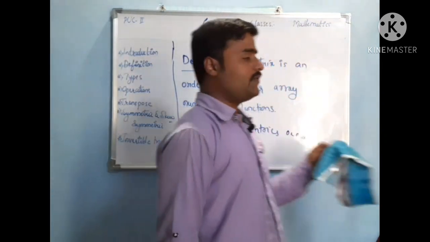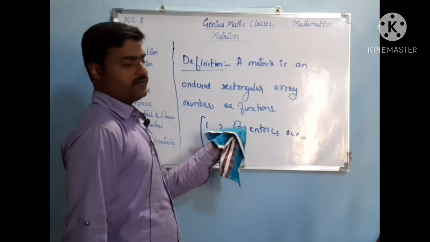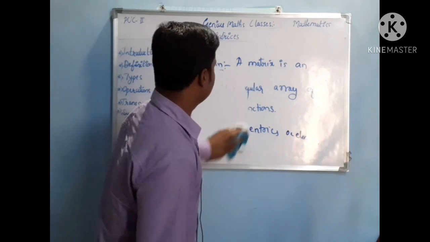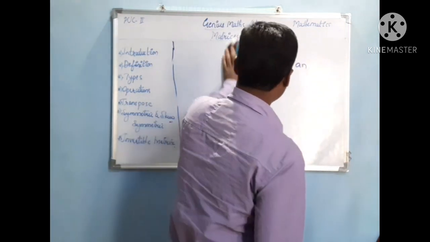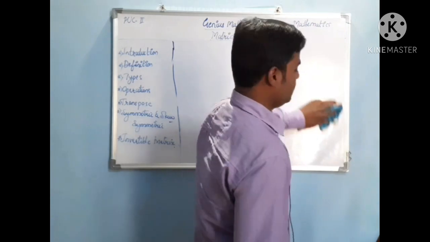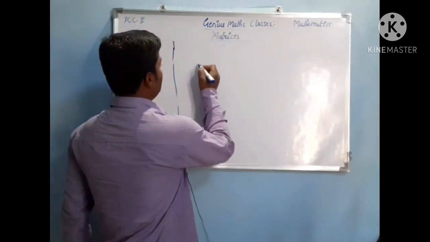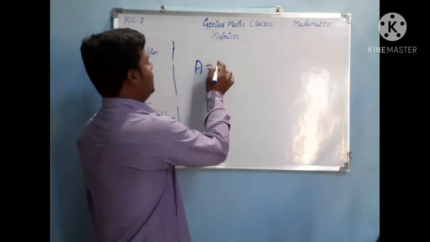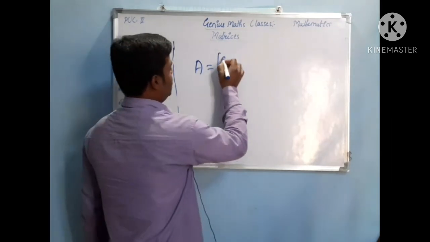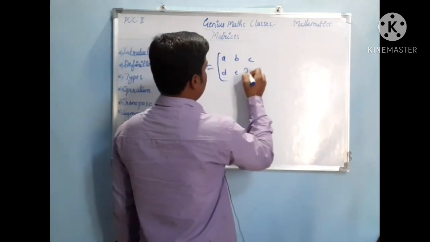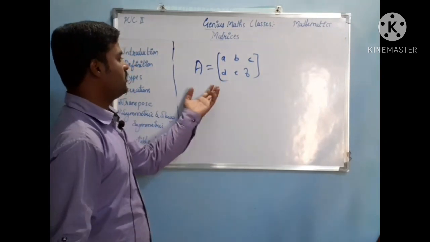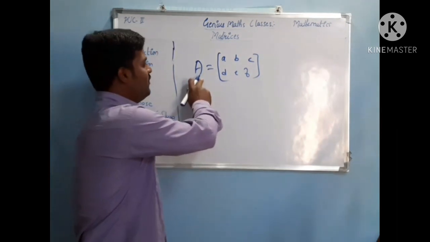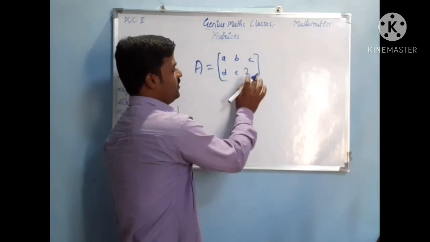Now that we understand the definition, how do you represent it? The matrix is denoted by capital letters. For example, if you want to write a matrix, you write A is the matrix, and the elements are a, b, c, d, e, f.